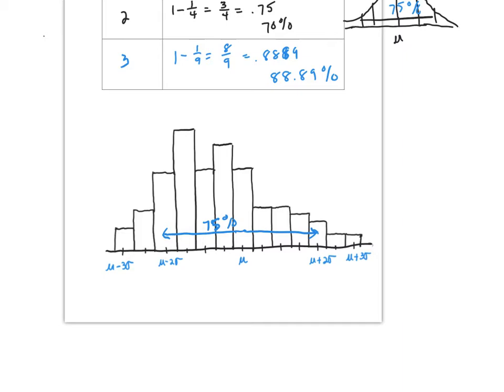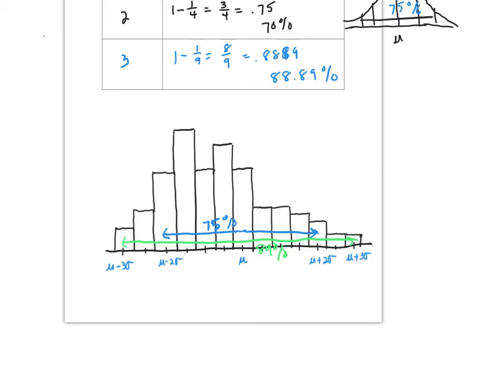And then within 3 standard deviations, which is between here and here, I can expect to have 89% of my data values. K does not have to be an integer, by the way. All right, let's look at the next example.